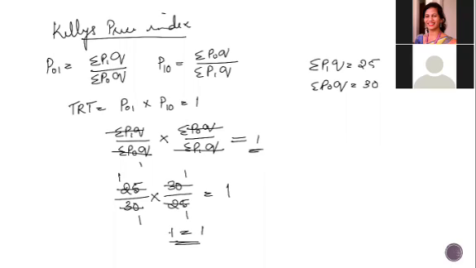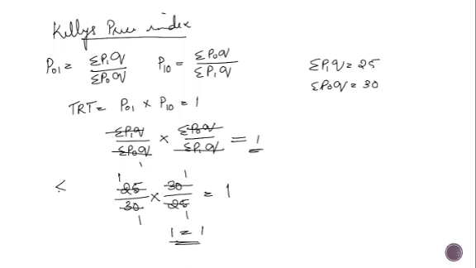Okay, so when you say 1, it should be less than or equal to 1. If it is 0.9 also, it is equal to 1. But if it is 1.15 or something, what happens? It is more than 1, greater than 1. It should not be.